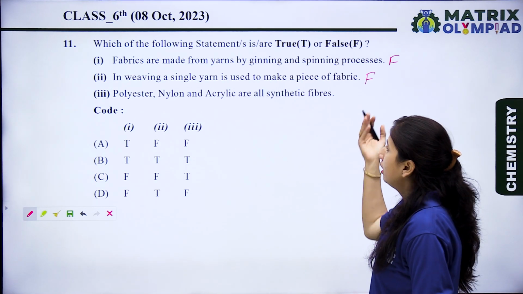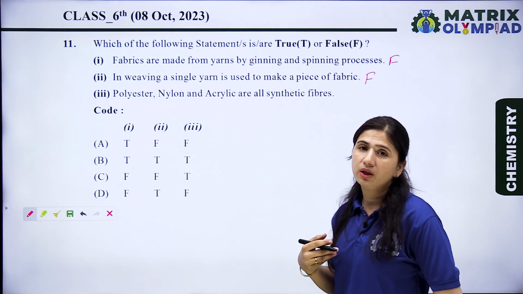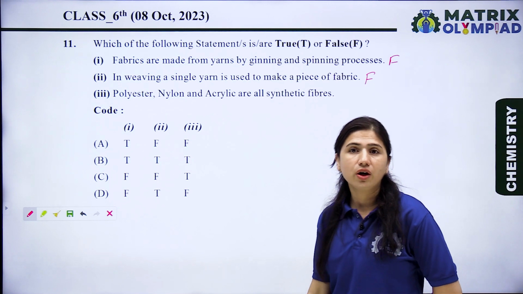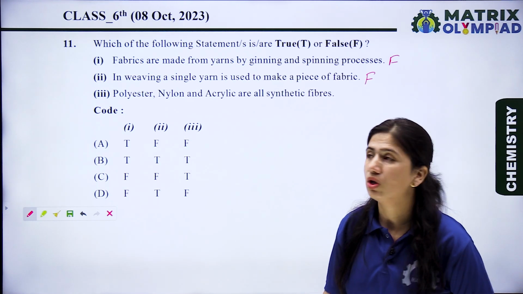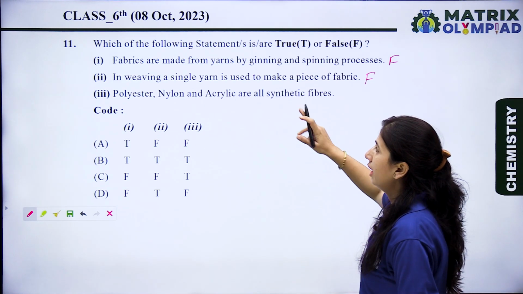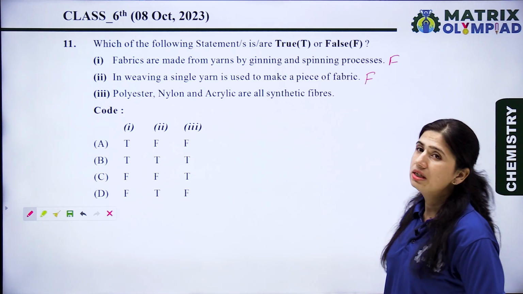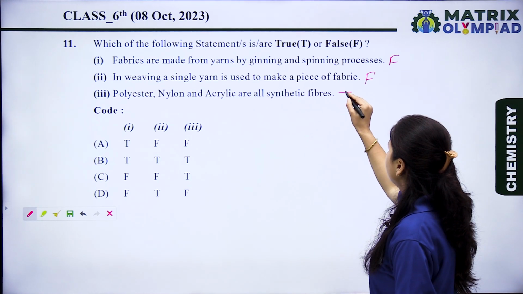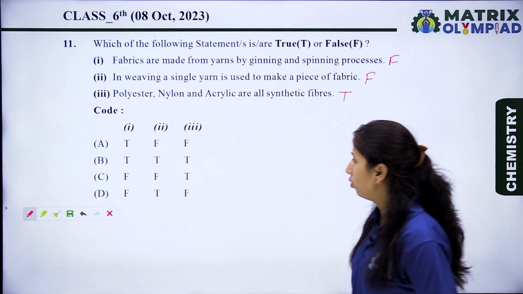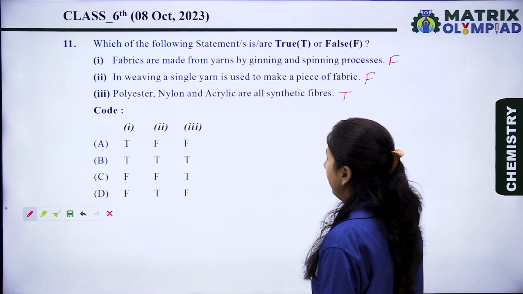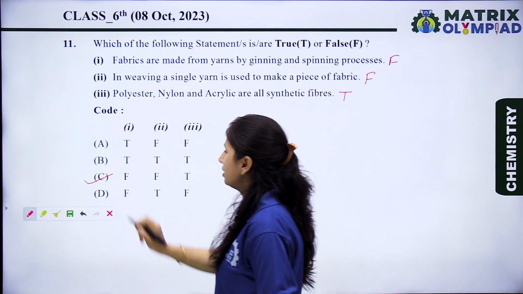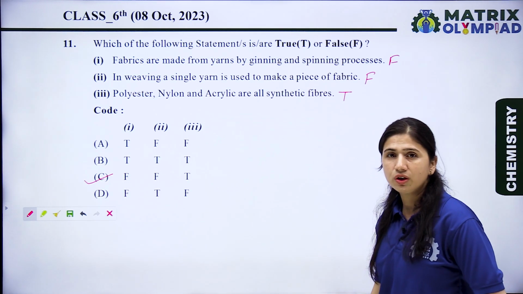They can't be obtained from nature, so they are not natural polymers. So polyester, nylon, and acrylic are all synthetic fibers. This is a right statement. So false, false, and true. So option C is the right option for this question.